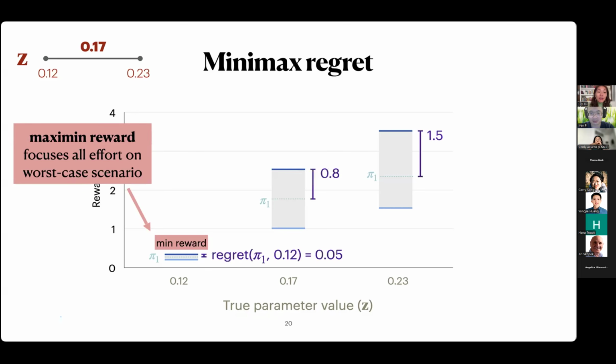But instead, if we look at regret, which is really evaluating how well our policy is doing compared to the best optimal policy, then that space of regret is maximal in the third context instead. And it's very little in that first context where, again, the ceiling is very low, so there's not much improvement that we can get.